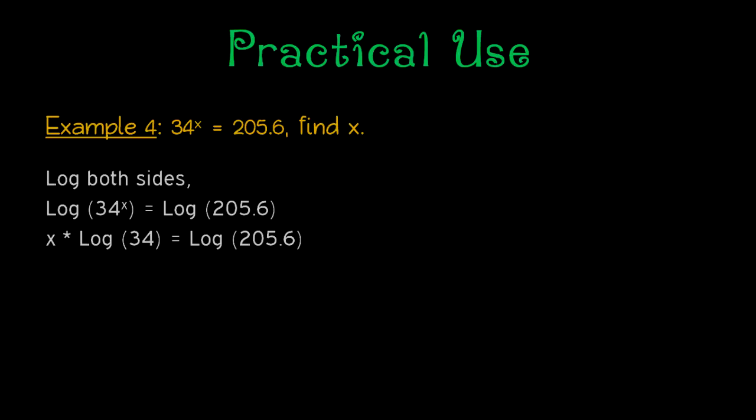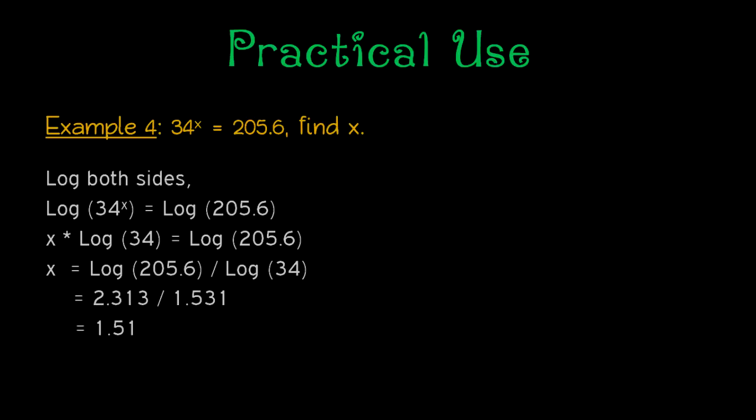We will get x multiplied by log of 34 equal to log of 5.6, which will be equivalent to 2.313 by 1.531. Take log of 34 to the other side of the equation. Get the answer as 1.51.